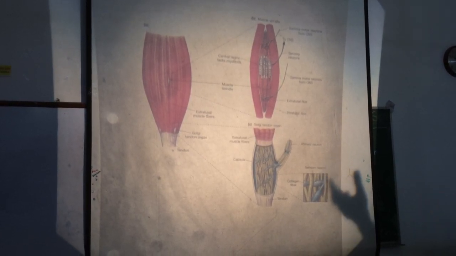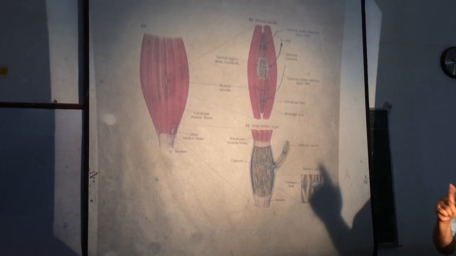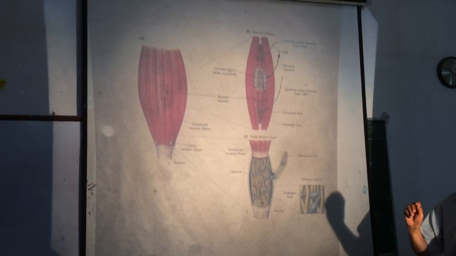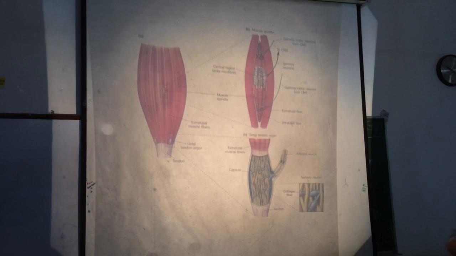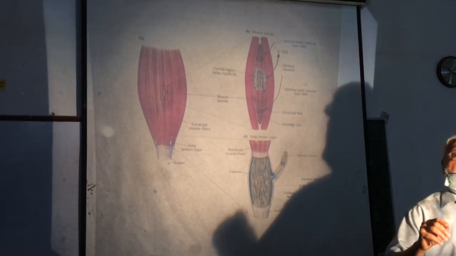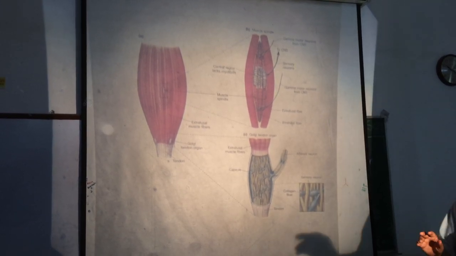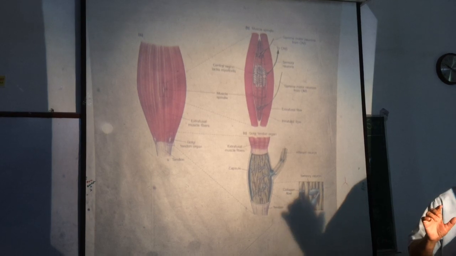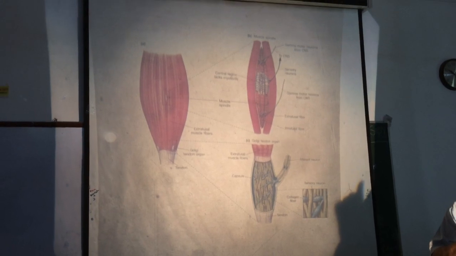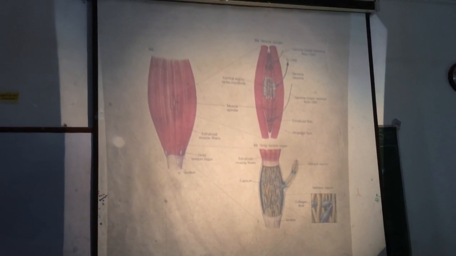Muscle spindles are present in skeletal muscle, and their number is greater in muscles involved in fine skilled movements. Their length is 3 to 10 millimeters.